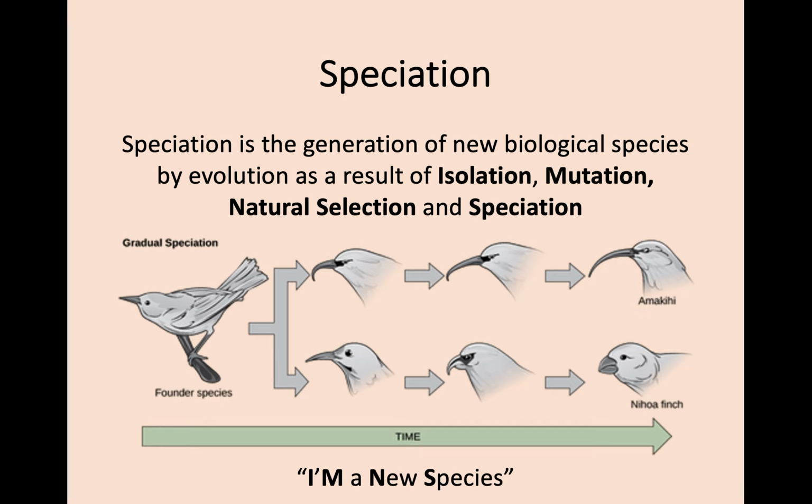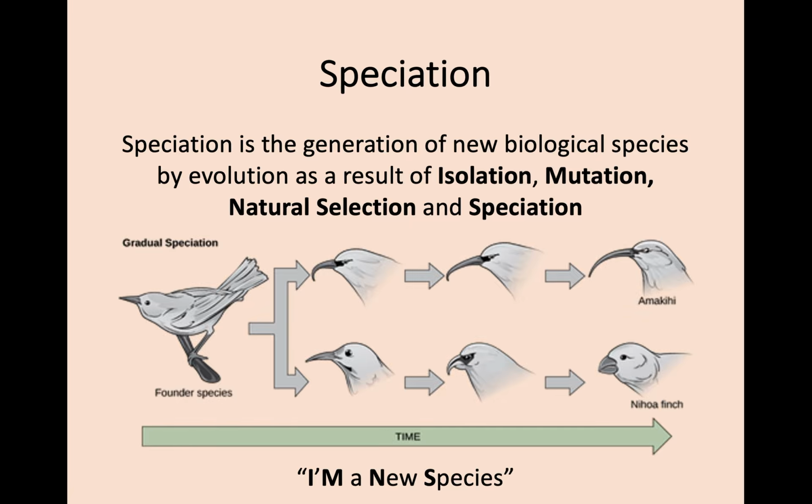These are all words that we came across before in National 5. One way to try and remember both the key words to use and the order of them is this phrase, I am a new species, where the I is isolation, M is mutation, N is natural selection, and S is speciation. Okay, so hopefully you remember the basics of this.